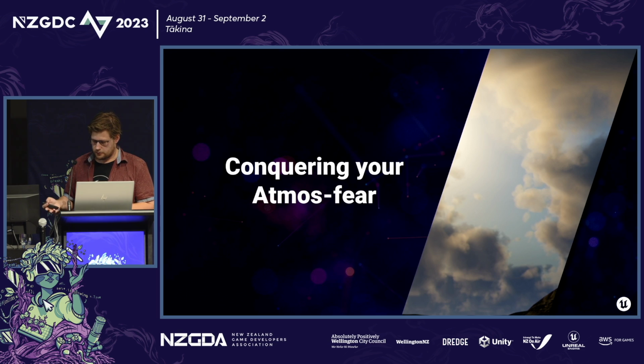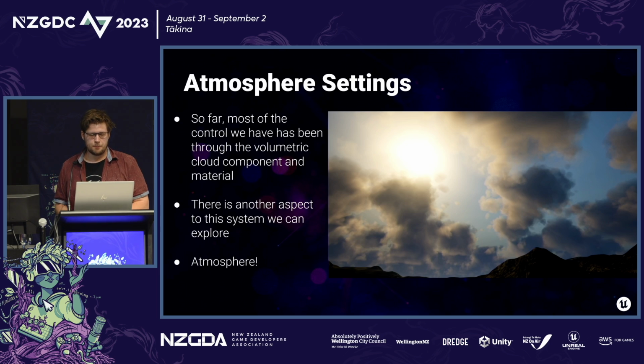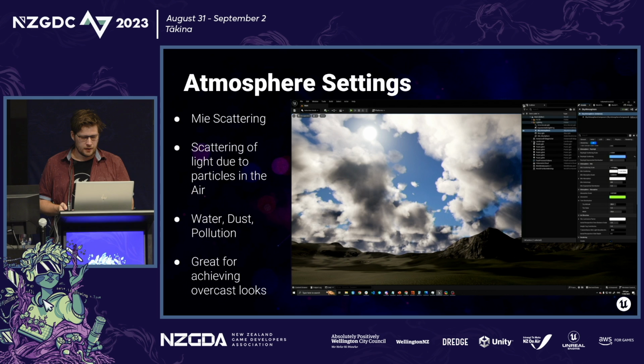So I've been showing all of these material tricks and ways you can control your clouds. But that's one half of the equation when you're trying to achieve a look. The other side is that the actual atmosphere system in Unreal works in conjunction with the clouds, and they're designed to work together. So there are a lot of controls for the scattering in the atmosphere system.